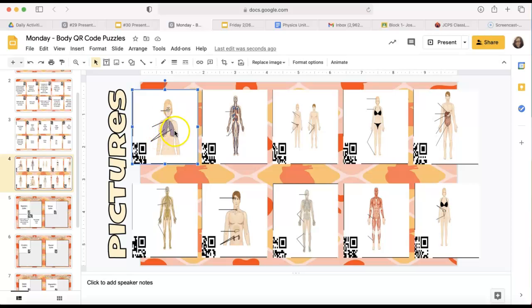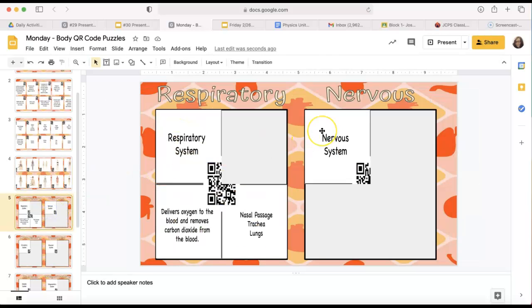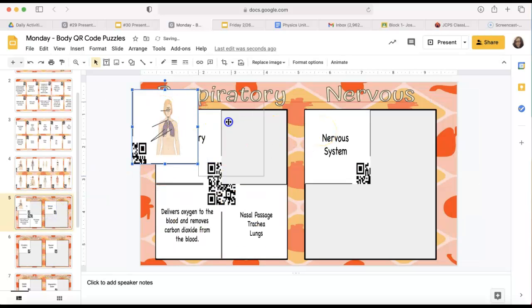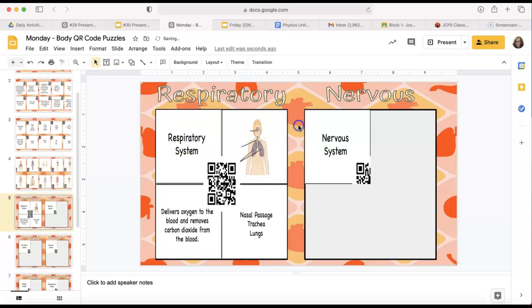Right there are my lungs, my trachea, my nasal passage, right? So I'm going to copy that, paste it in, and make my puzzle. Okay, once you're done, you can scan this. If you have an iPhone, all you have to do is hold your camera up to it, and it will read the QR code to you and let you know if you're right.